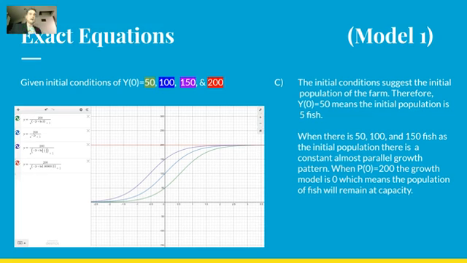We have them graphed out here in the bottom left, the green referring to 50, blue referring to 100, 150 in purple, and 200 in red. As you see, for the initial conditions of 50, 100, and 150, the population is growing at a consistent rate. But if our initial condition is 200, since that is our carrying capacity, there is no growth, so the population cannot grow any further.